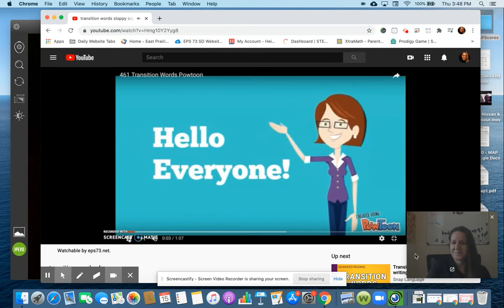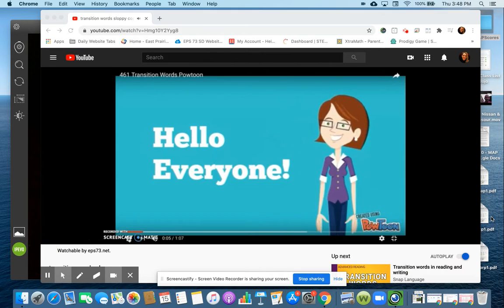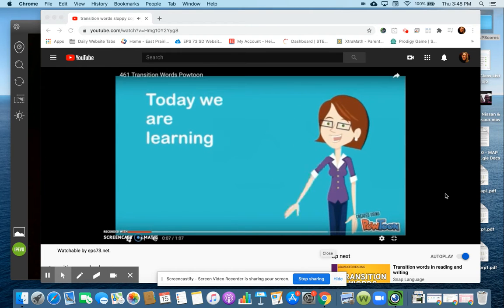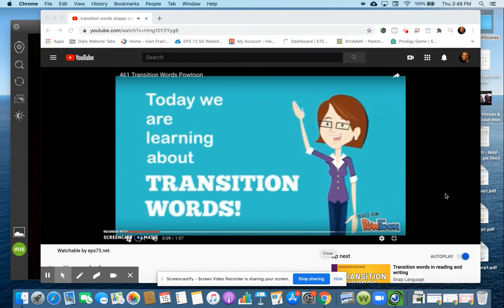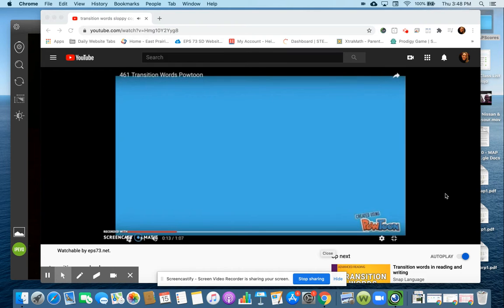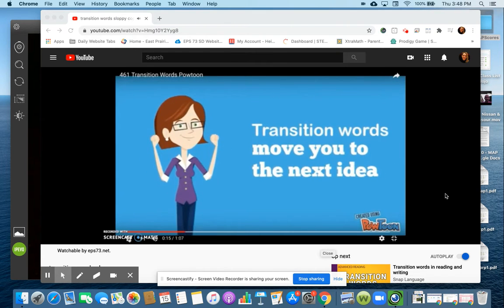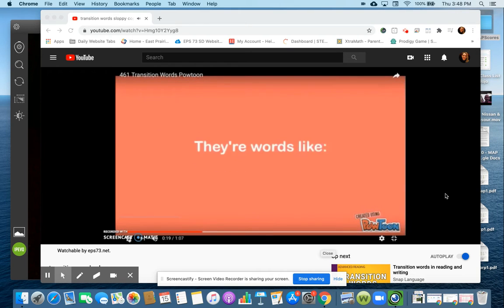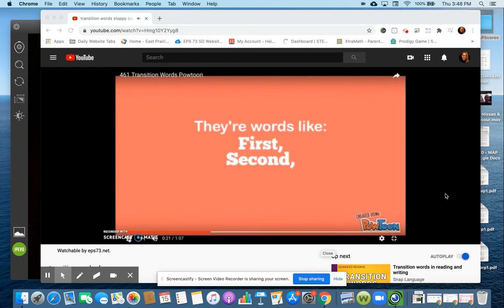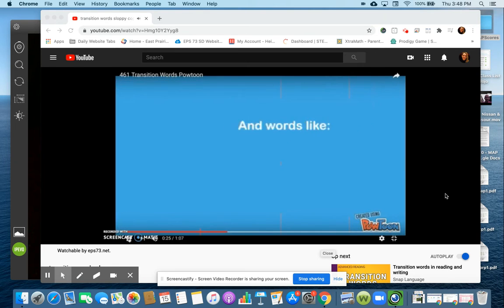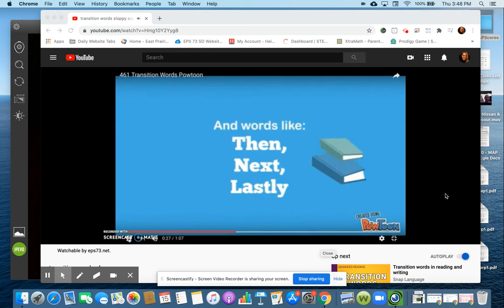Hello, everyone. Today we are learning about transition words. Transition words move you to the next idea. They're words like first, second, third. And words like then, next, and lastly.